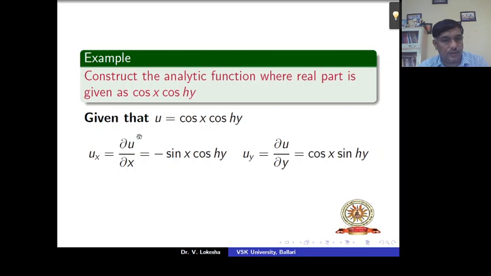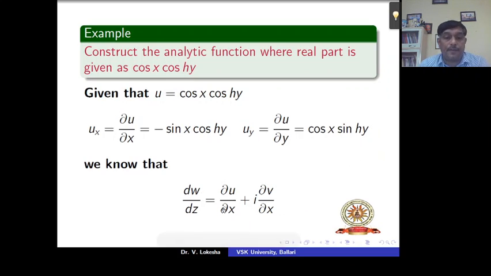That is u_x = ∂u/∂x. Here cosh is treated as it is, and cos x can be differentiated, that becomes -sin x. For the partial derivative with respect to y, cos x is constant, and cosh y becomes sinh y. Then apply dw/dz = ∂u/∂x + i ∂v/∂x.